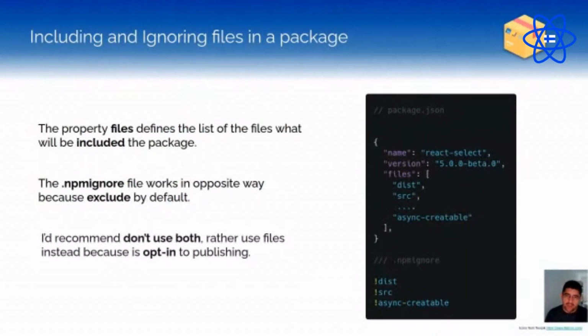But I would recommend always using only the files property, even though .npmignore is supported by all package managers, because files is opt-in publishing and it lives together with the package.json file, which is much easier to see by developers.